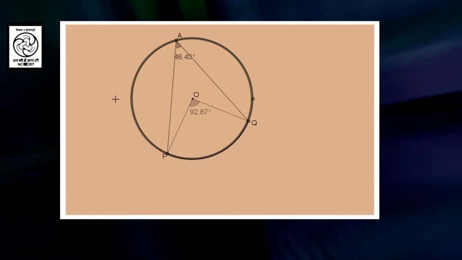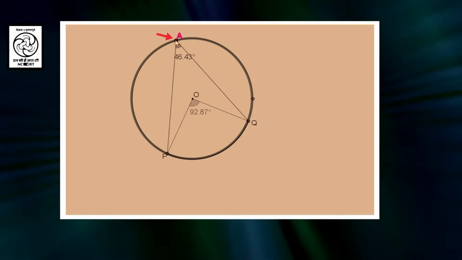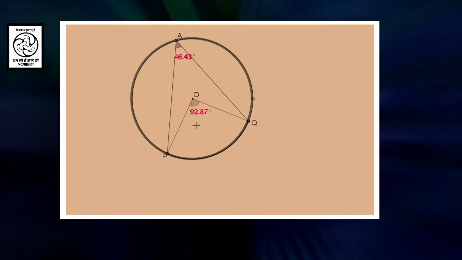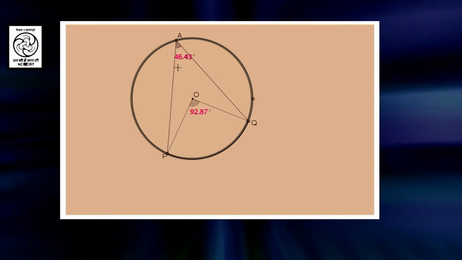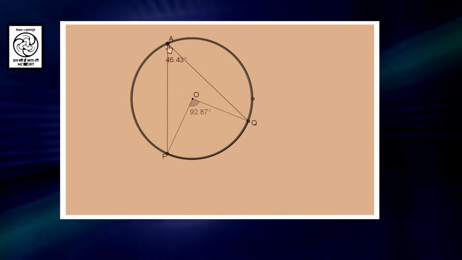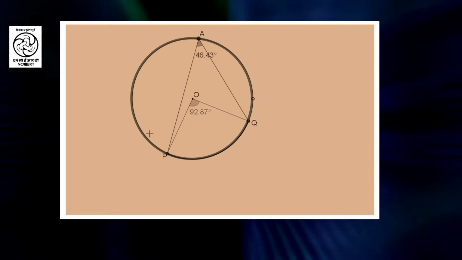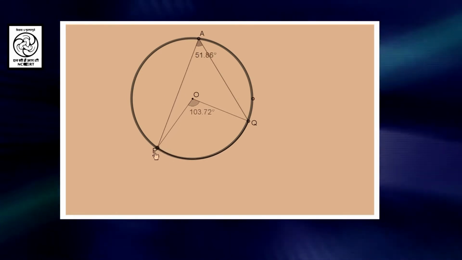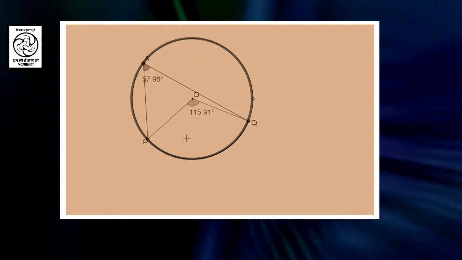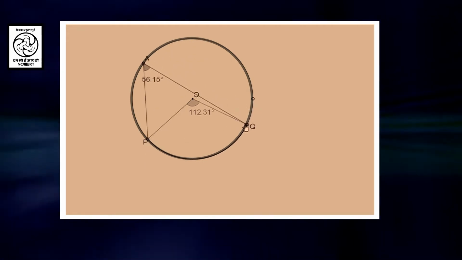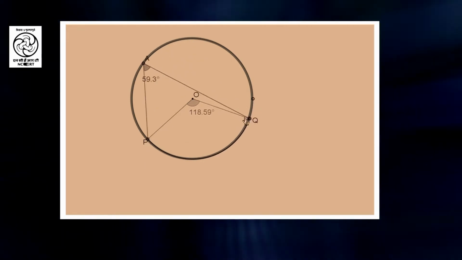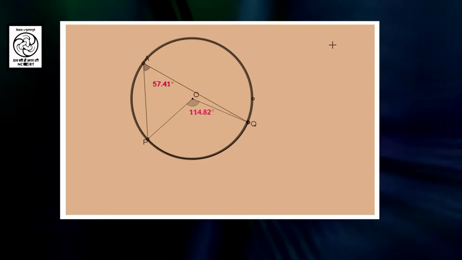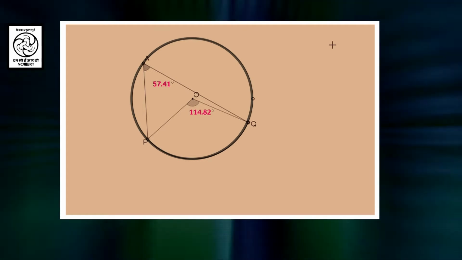Let us move point A. Right now you can see that angle PAQ is half of angle POQ. Even if we increase the angle, the relationship remains the same. At any position, angle PAQ is always half of angle POQ.